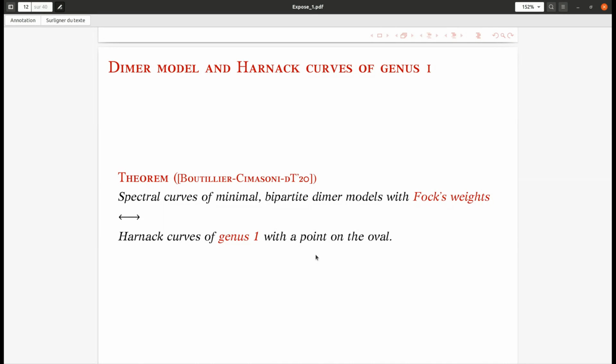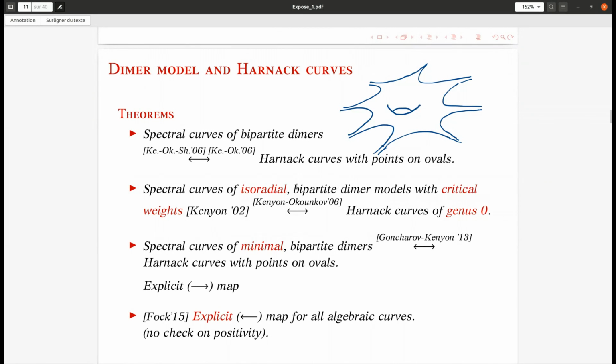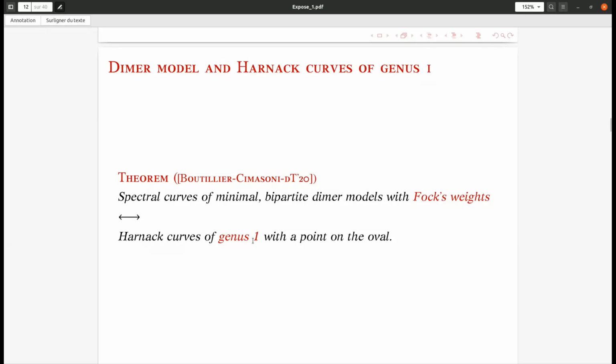So this result is kind of a pendant of this genus 0 result of Kenyon and Okounkov. Okay, this was in genus 0, and we have kind of a pendant result in genus 1. So we exactly identify which dimer models correspond to Harnack curves of genus 1.